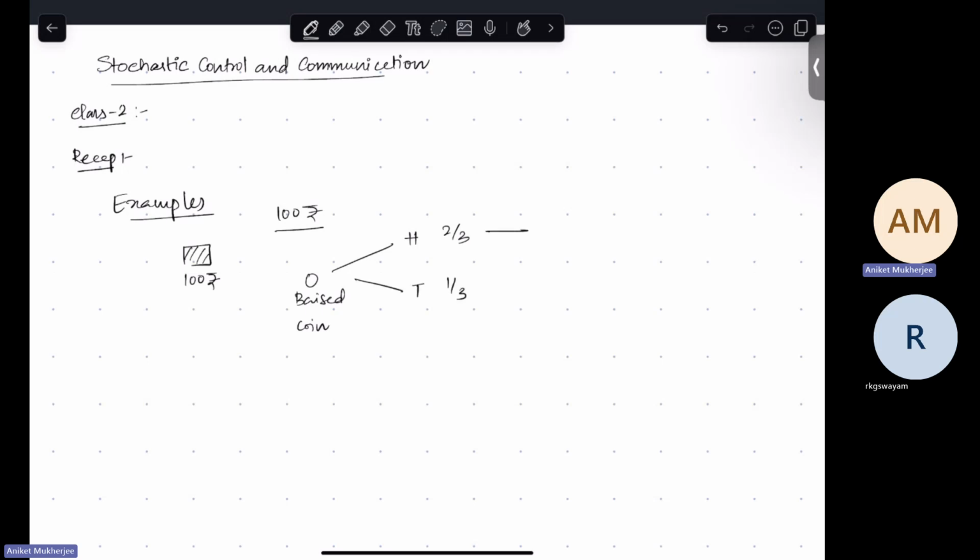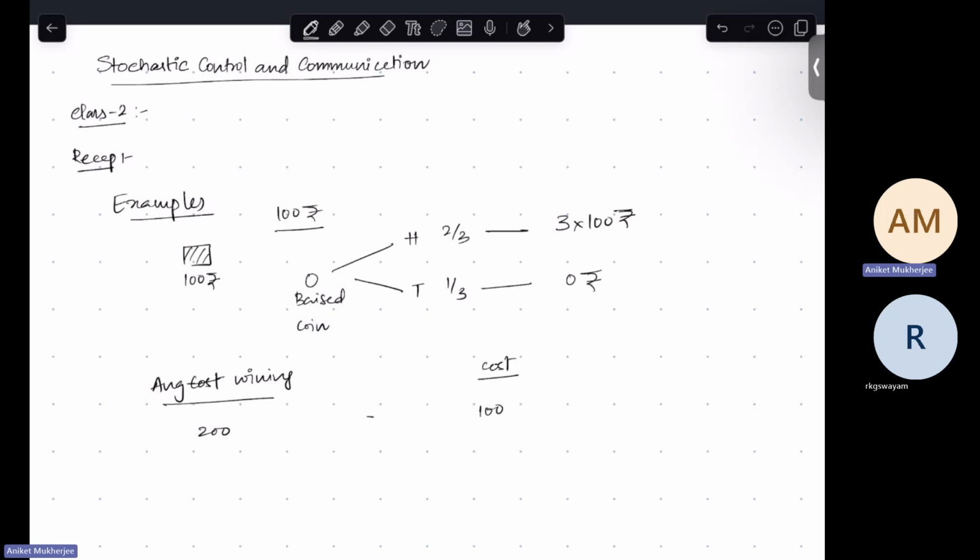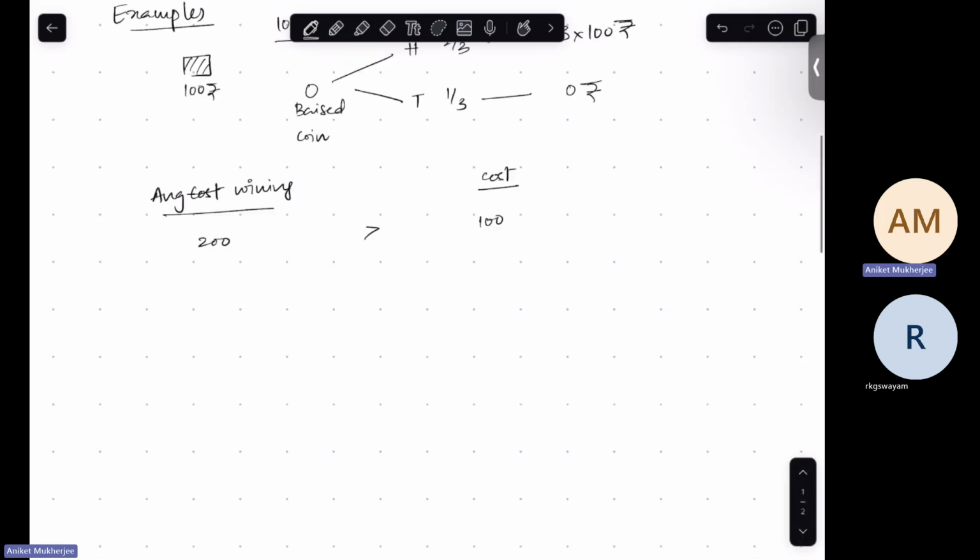If you get heads, you win 3 into 100 rupees, and if you get tails, you win nothing. Here the average winnings were 200, whereas the cost you paid to enter was 100. So you made a decision on comparing what the averages were, right?